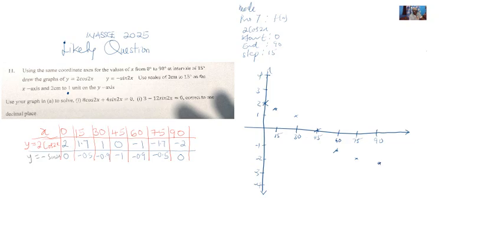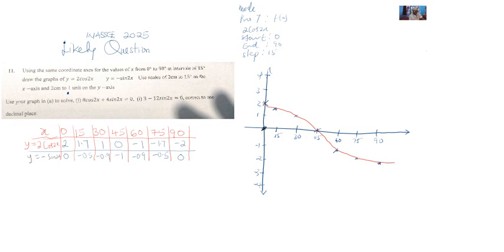So we have this. So let's draw a line, a curve. Let's see how the curve will look like. Good. Then we are supposed to plot the next one. That one, 0, 0 is somewhere here.